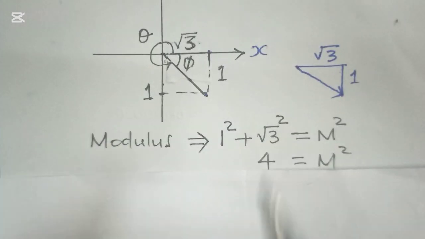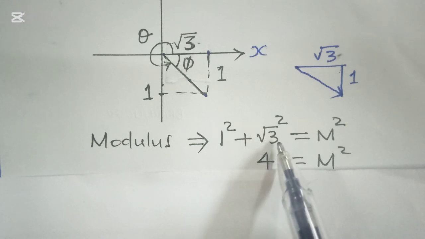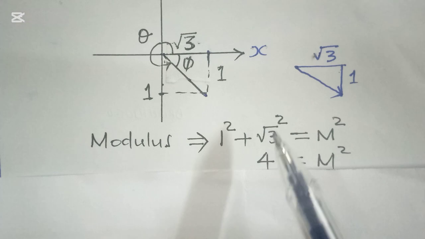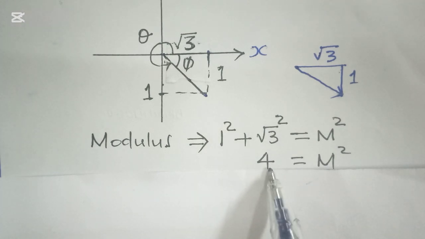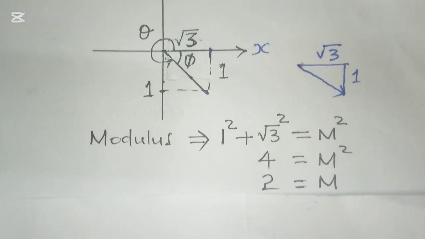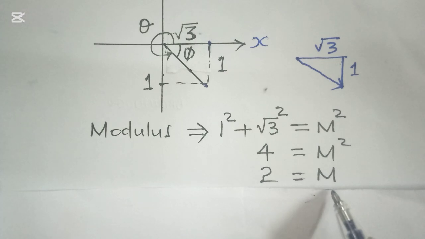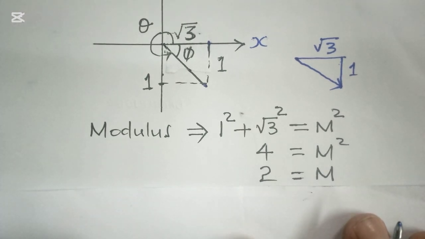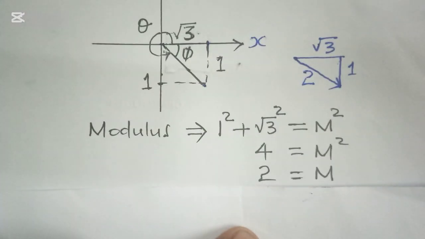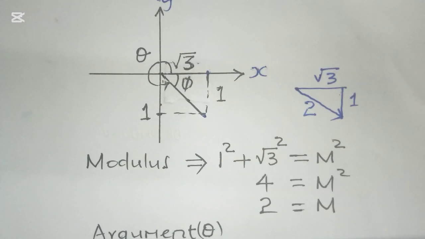That is going to give us 4, because square root of 3 squared is 3, and the square of 1 gives us 1, and so that becomes 4. And so therefore we shall have 4 equals m squared, and so the modulus will be equal to m. The modulus is always positive, and so we put it as 2. That is our modulus. From there, we come and get the argument.